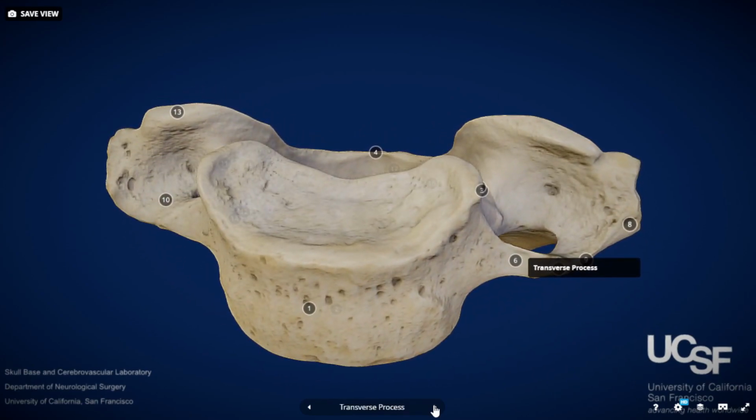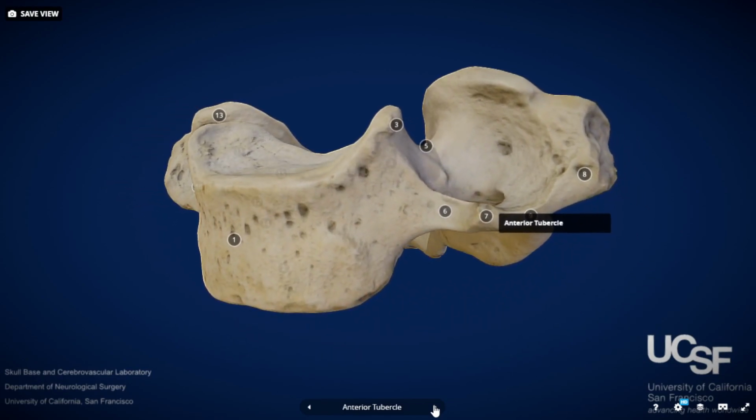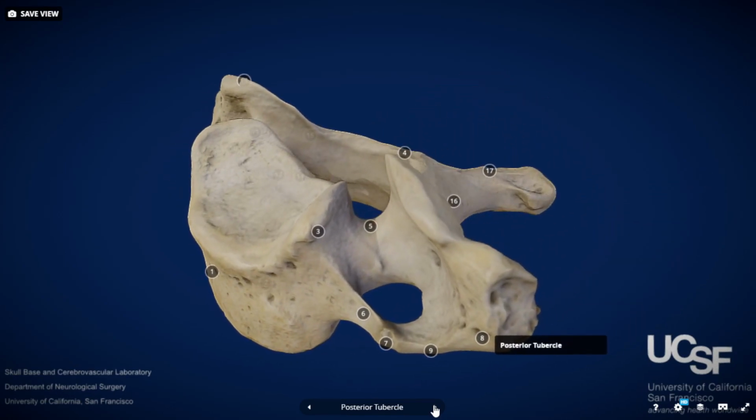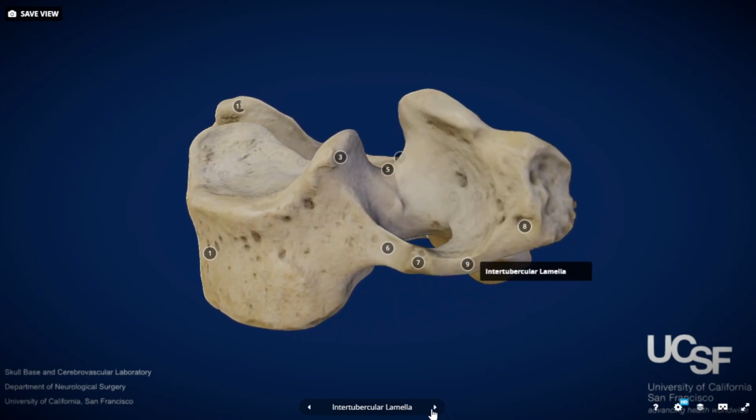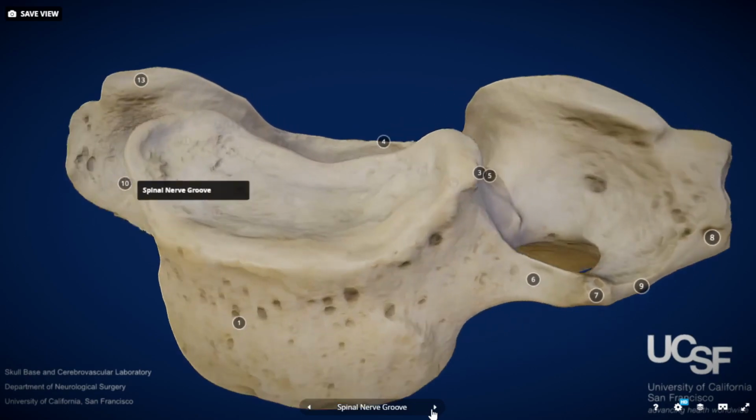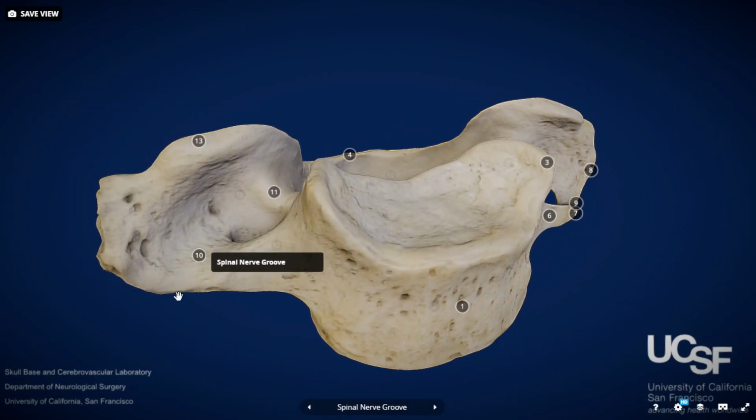And anteriorly, this very small and thin transverse process with an anterior tubercle connected by an intertubercular lamella and a prominent posterior tubercle. Again, the intertubercular lamella is going to be the lateral limit of the spinal nerve groove.